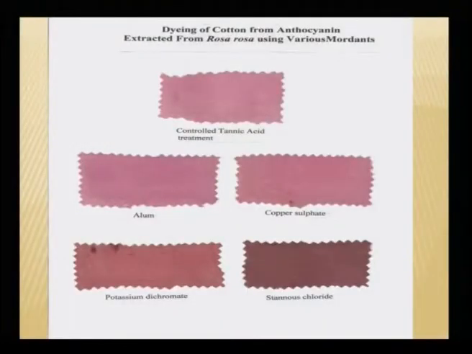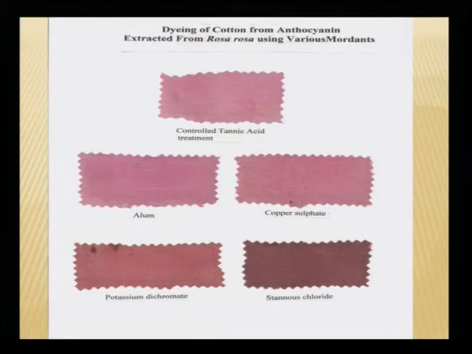Now, as compared to the hibiscus fabric which you saw last time, look at the control fabric which has been just treated with the pre-treatment tannic acid, and the alum piece, the copper sulphate piece, the potassium dichromate piece and the stannous chloride piece.